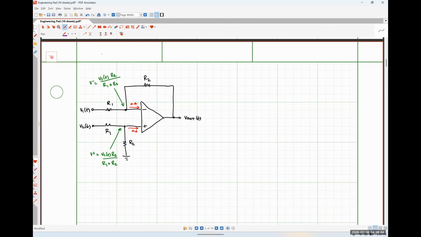So now we can apply KCL at our inverting input node.